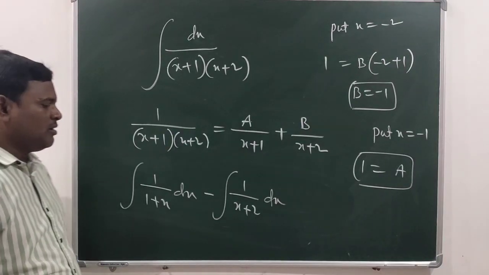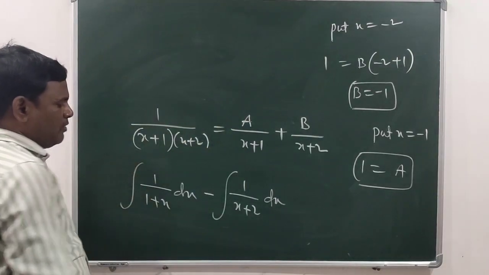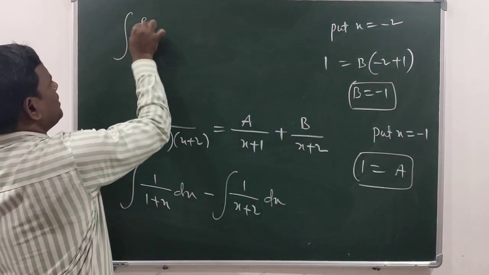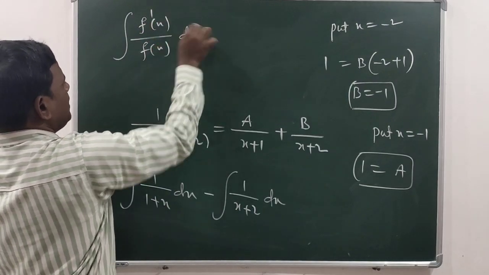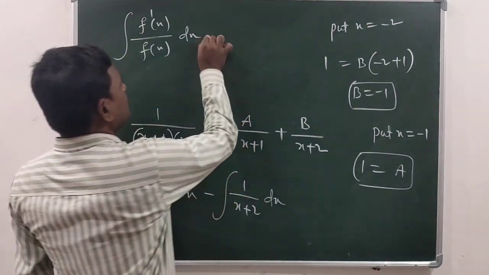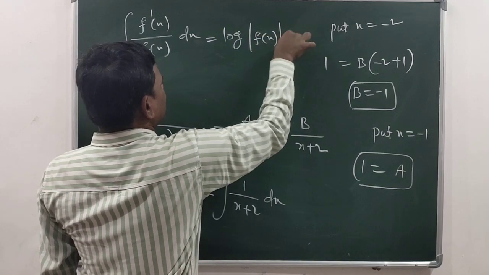Okay. So in the next step, find whose integration. As you know, this is standard result, f dash of x by f of x dx. If the differentiation of denominator is available in the numerator, hence whose integration will be log mod f of x plus c.